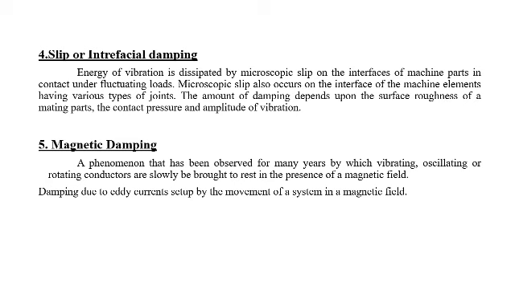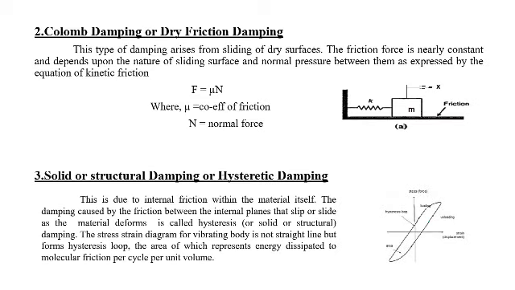This resistance to vibration by their own parts under fluctuating load is called slip or interfacial damping. The microscopic slip also occurs on the surface of machine elements having various types of joints. The amount of damping depends upon the surface roughness of the mating parts, the contact pressure and the amplitude of vibration. This is slip or interfacial damping.